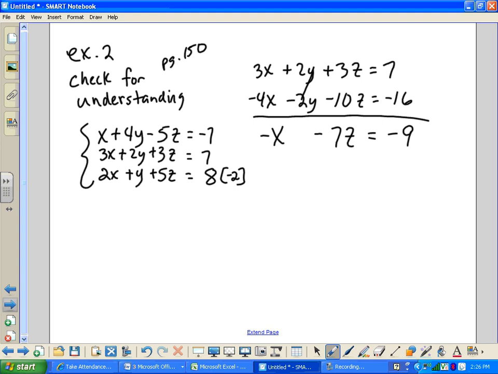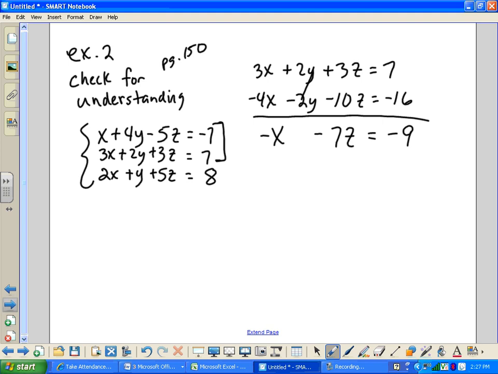Okay, now I need another equation with x and z in it so I can get a 2 by 2. Again, I'm trying to get a 3 by 3 to a 2 by 2. So I'm going to go back. I'm not going to do this again. So I think what I'll do here is choose these two equations this time. Okay, so I have to do two different equations. I can't do the same two over again because that would just give me the same equation back.